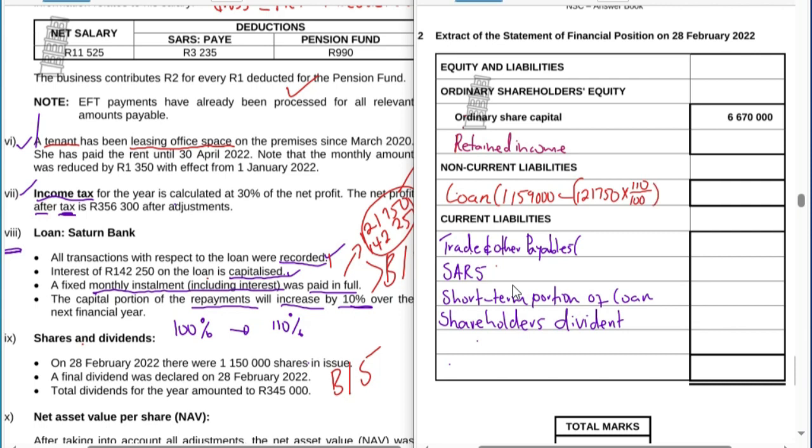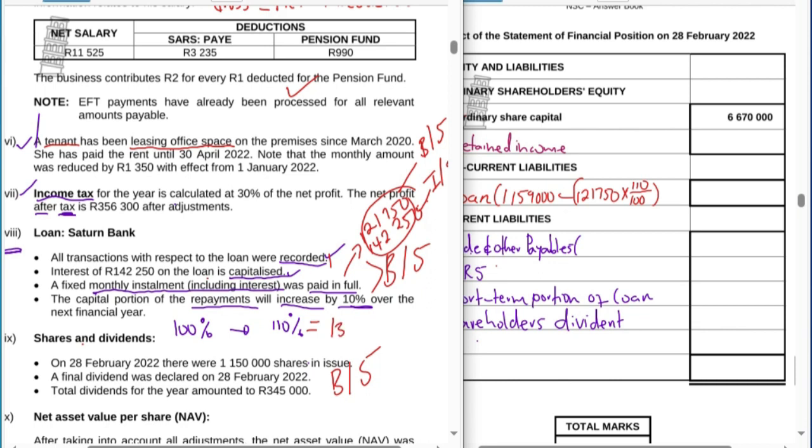Then 121,750 multiplied by 110 divided by 100 gives 133,925.25, meaning our repayments of loan will be 133,925.25.